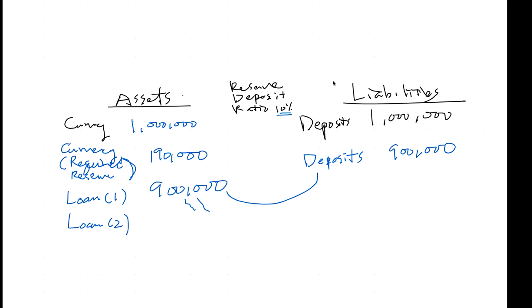Is it 800,000? No, it's the difference between the two. 810,000? Yeah, 810, okay? And this will be deposited back.